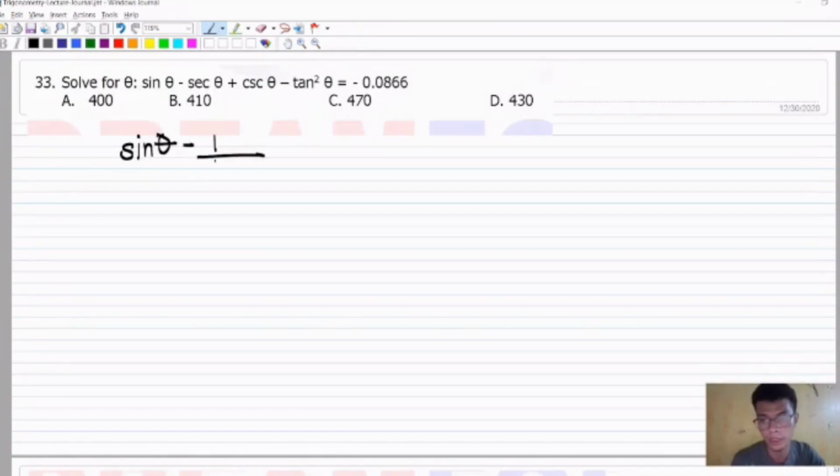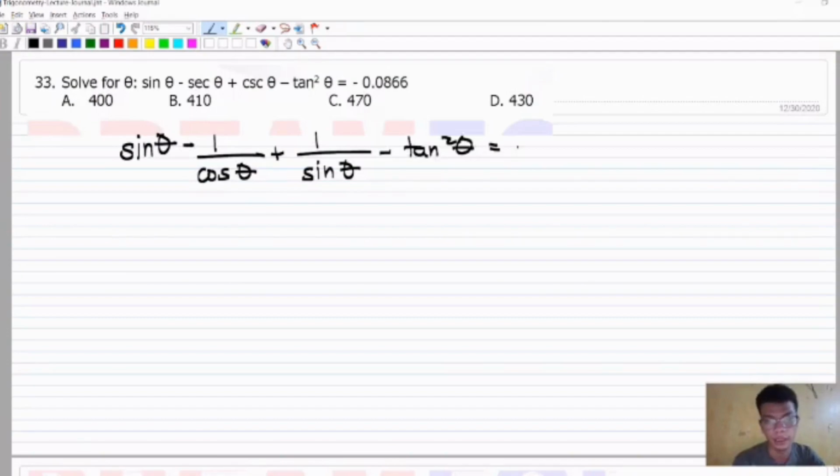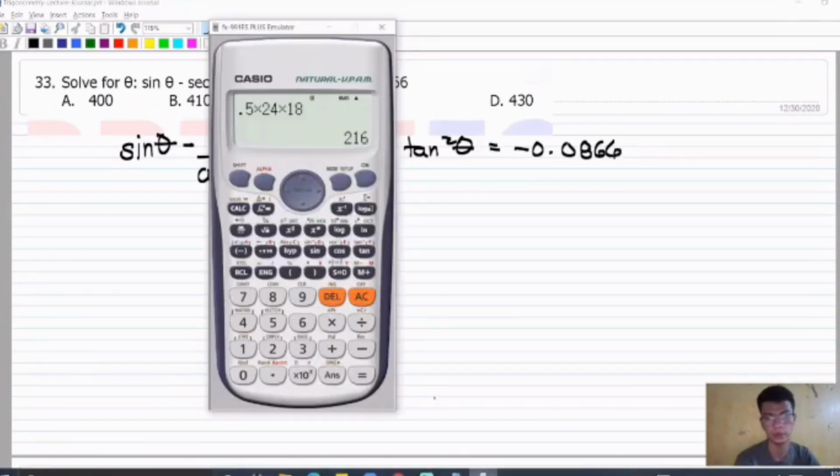So the reciprocal of secant is cosine, cosine theta plus the reciprocal of cosecant is sine theta minus tangent square theta. That must be equal to negative 0.0866. So let us try shift solve.